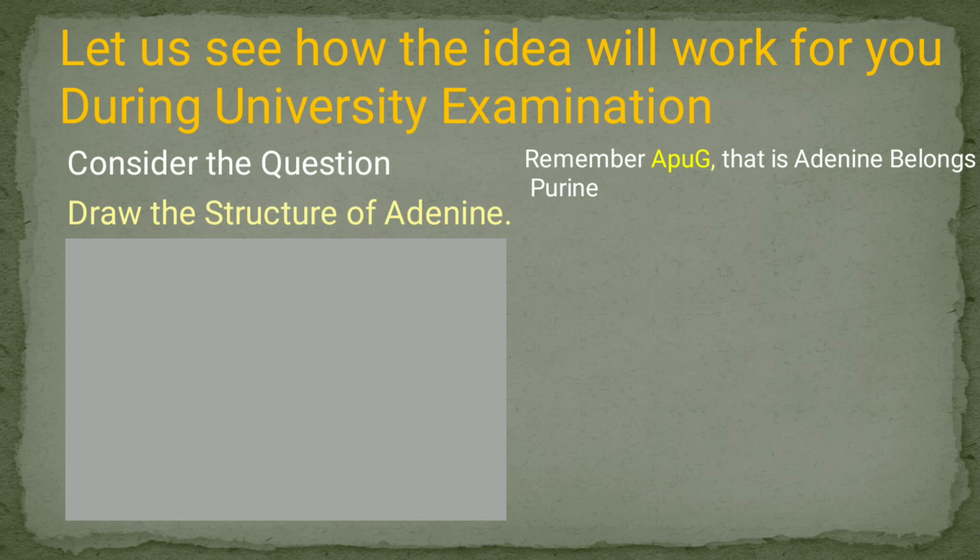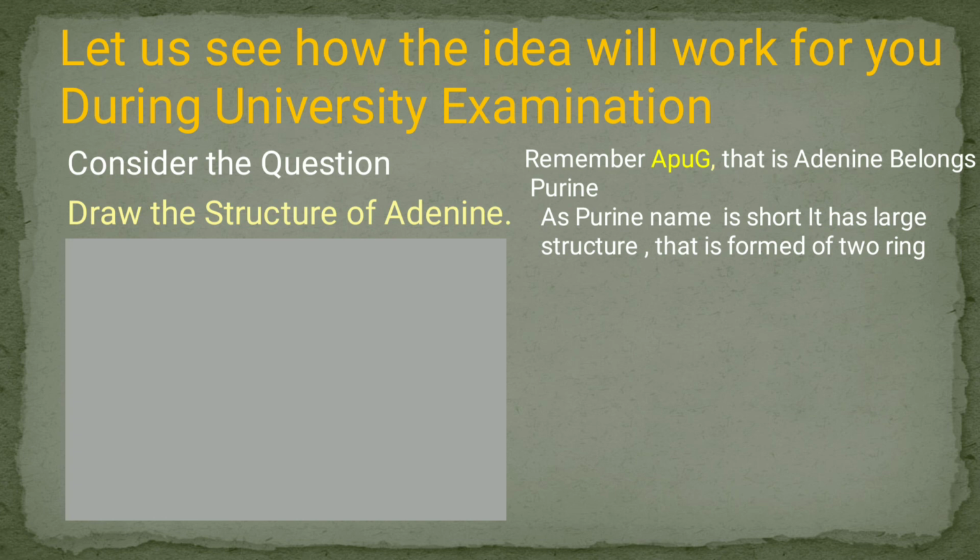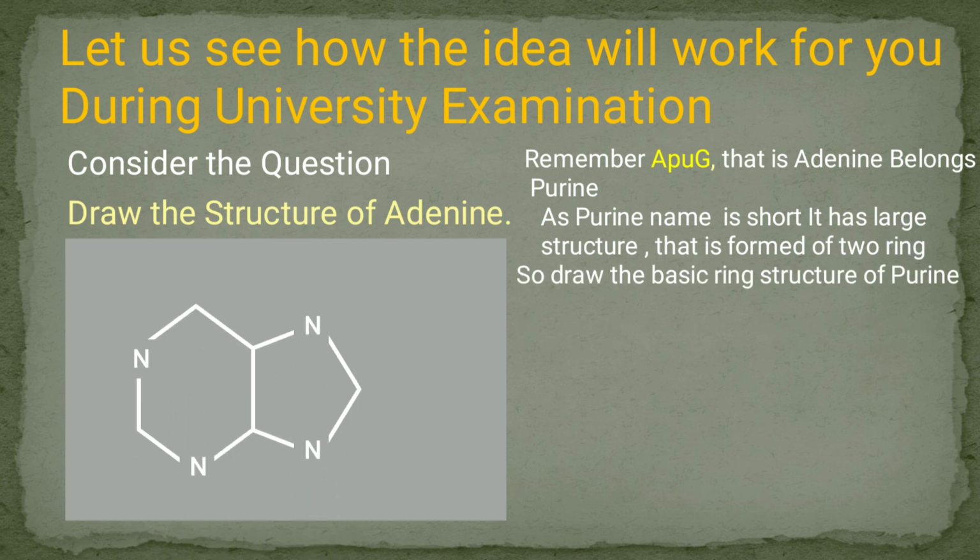Remember APUG and CUP, pyrimidines contain cytosine, thymine, uracil. APUG, purines are nothing but adenine and guanine. So adenine belongs to purine. The purine name is short, so it is having 2 rings. So we have to draw the basic 2 ring structure of purines.